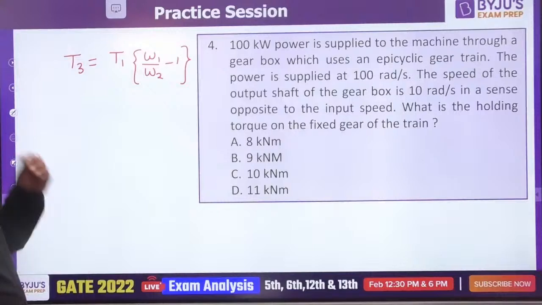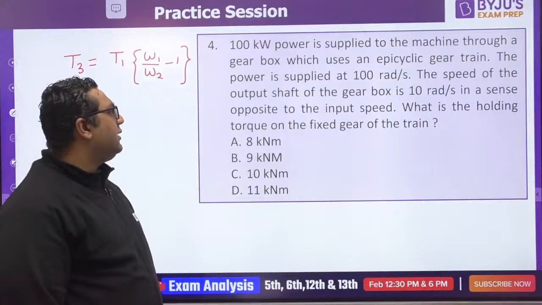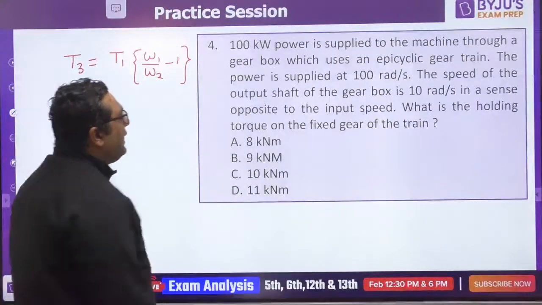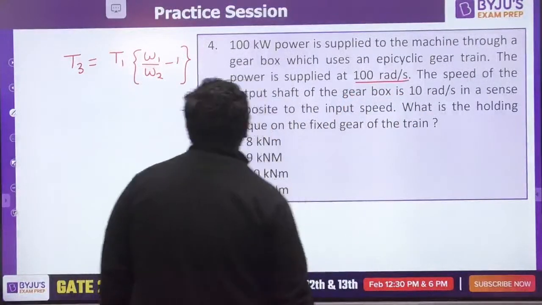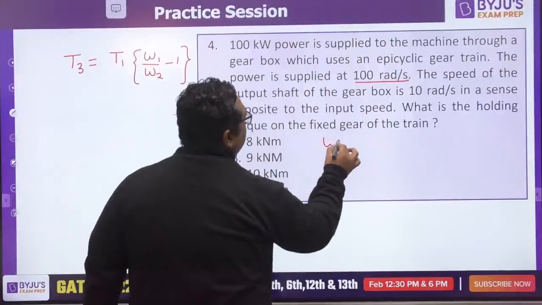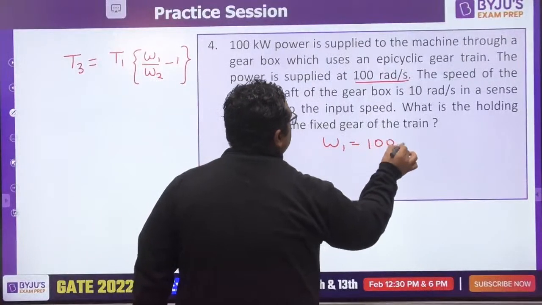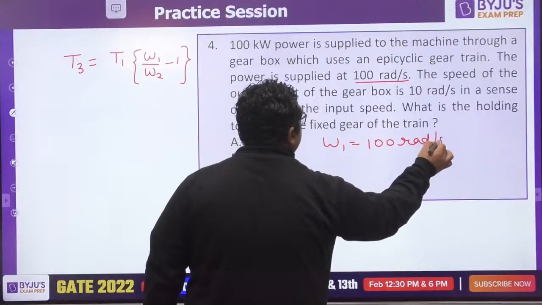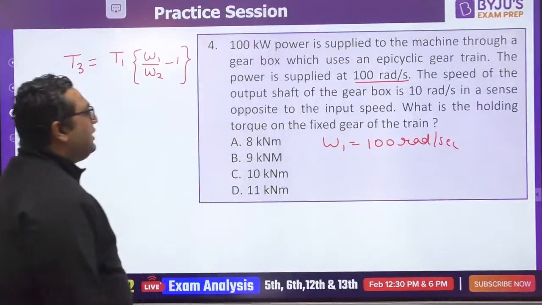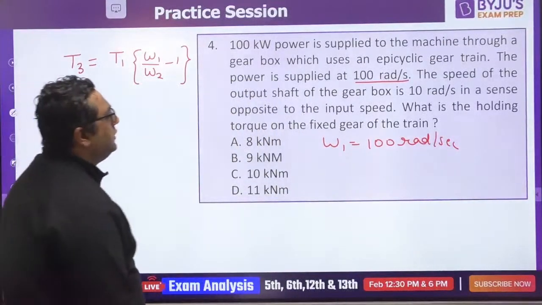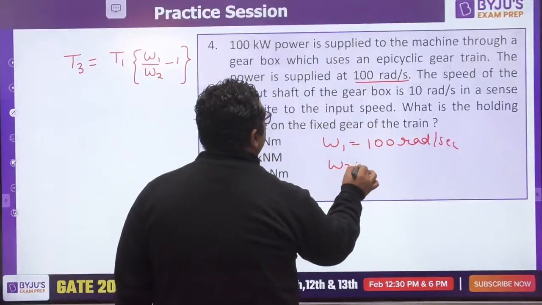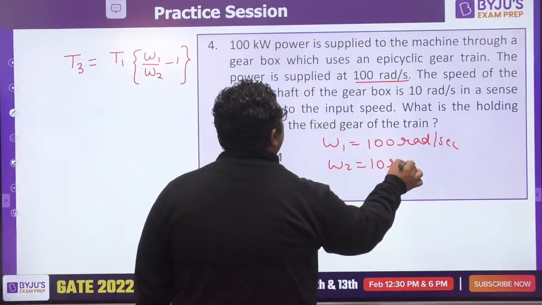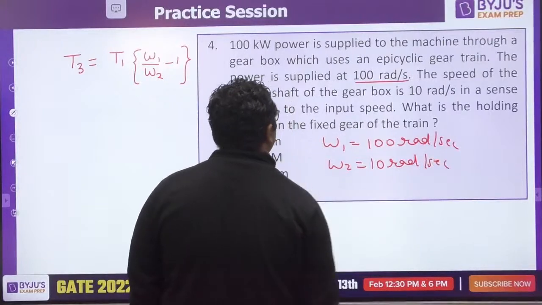Today I am having two new questions for you also, which may come in the exam. So dear, 100 kilowatt power is supplied to the machine through a gearbox that uses an epicyclic gear train. The power is supplied at 100 radian per second. So you can see omega 1 is 100 radian per second. The speed of the output shaft of the gearbox, omega 2, is 10 radian per second.